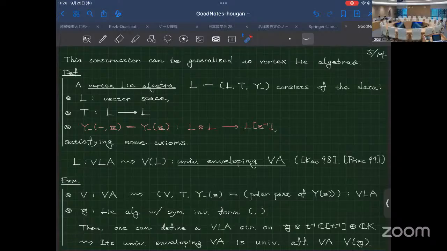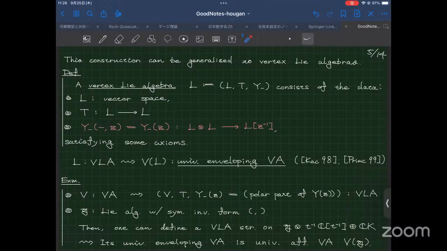This construction can be generalized to vertex Lie algebras. A vertex Lie algebra consists of the following data. Note that the state-field correspondence concentrates on the polar part. For a vertex Lie algebra, we can construct the universal enveloping vertex algebra.